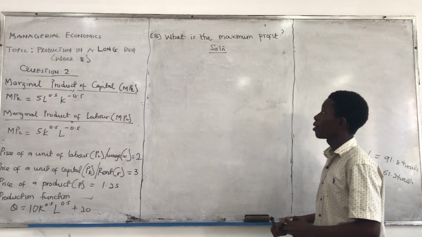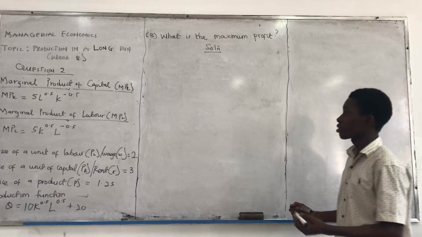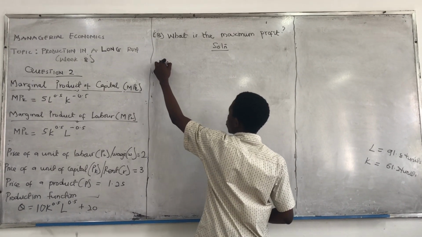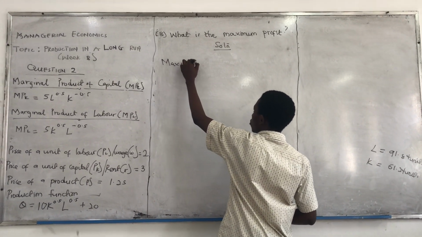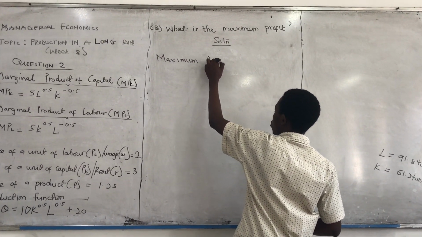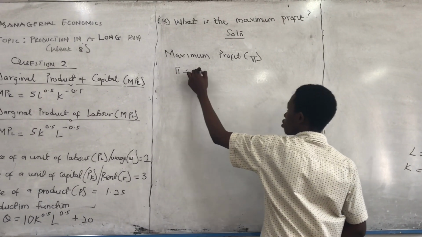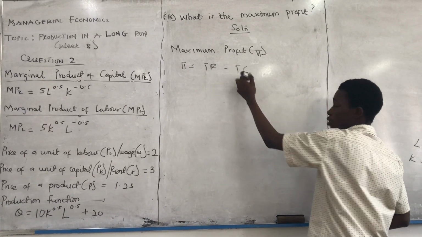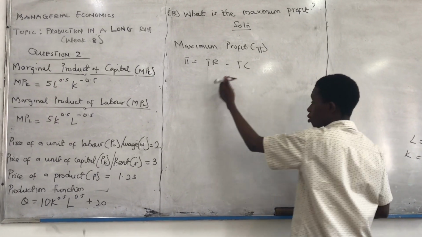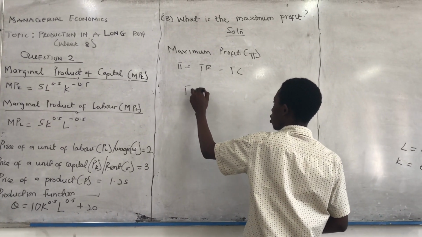Okay, so with the B part, what is the maximum profit? So we have profit equals total revenue minus total cost. So we first find our total revenue.